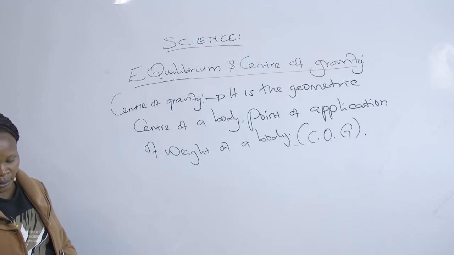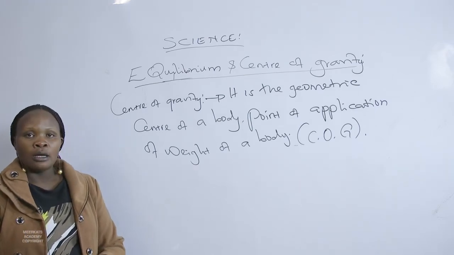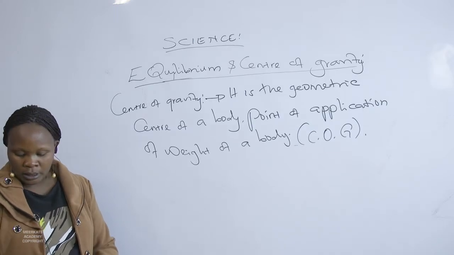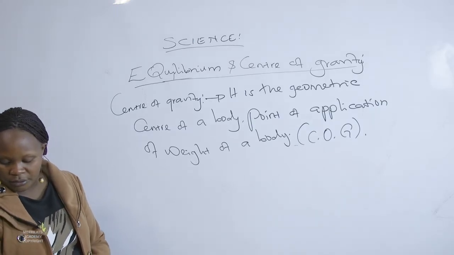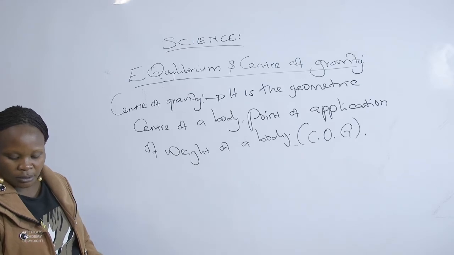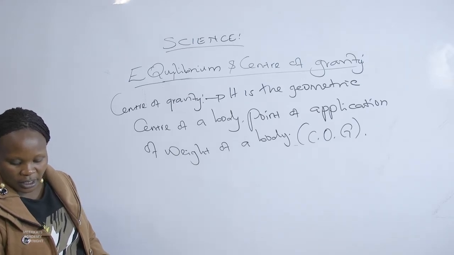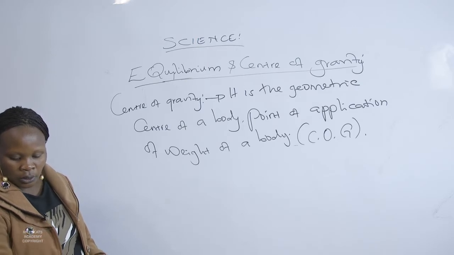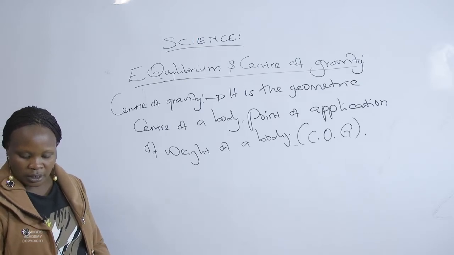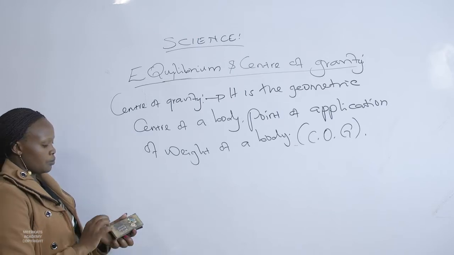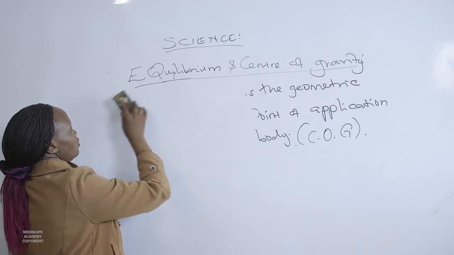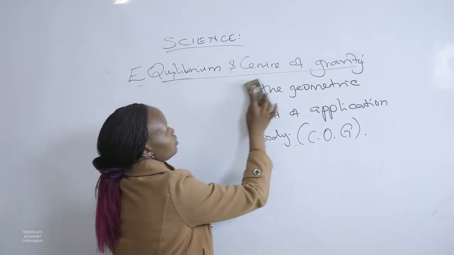Now, COG of different materials can be established differently. For example, we could start by looking at the center of gravity of regular objects.